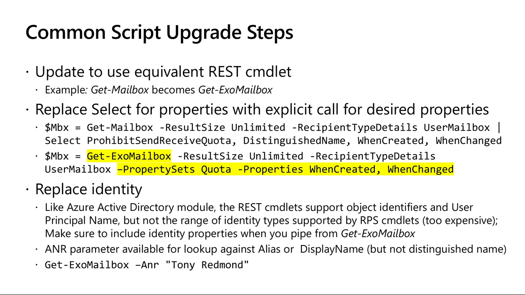Now that works really well on-prem because on-prem, you're probably not going to be dealing with a whole pile of objects. But in the cloud, when you want to get up to scale, it's really important that you have fast and efficient access to Azure Active Directory.